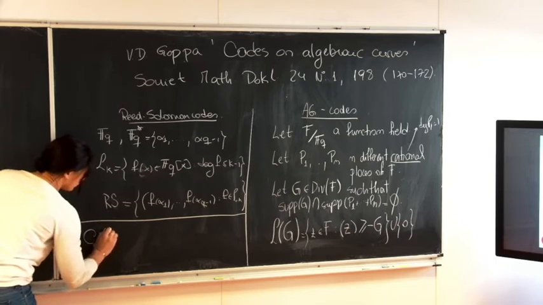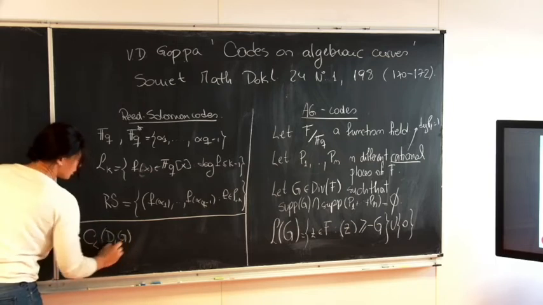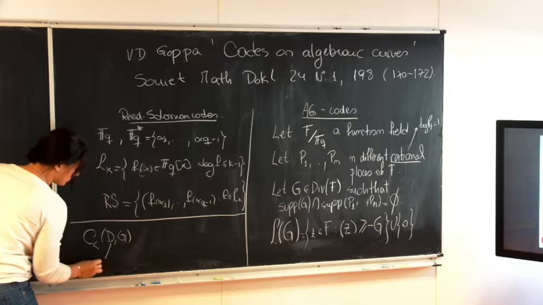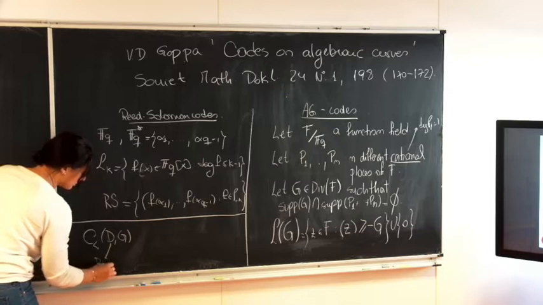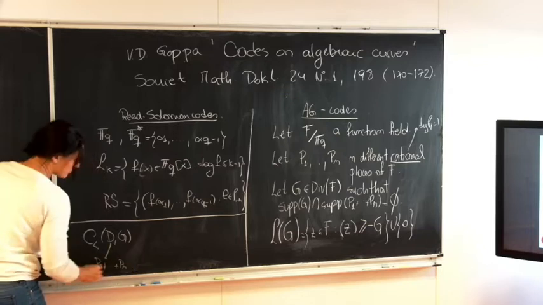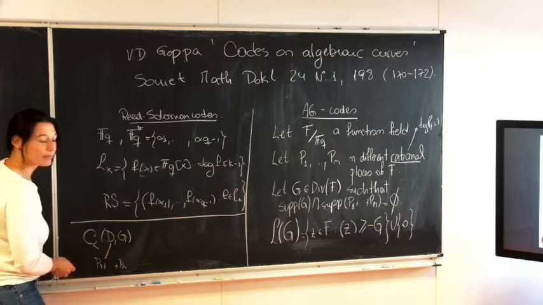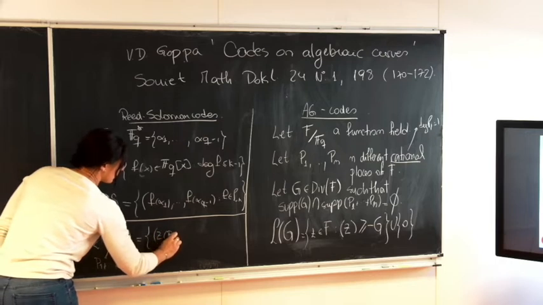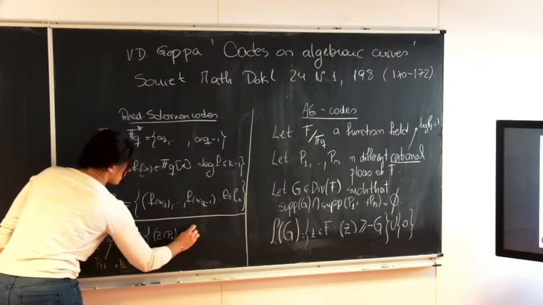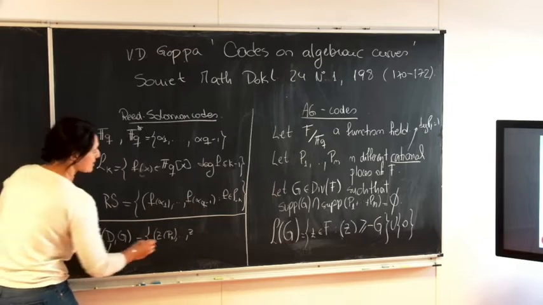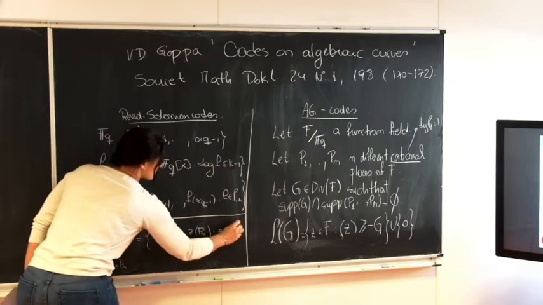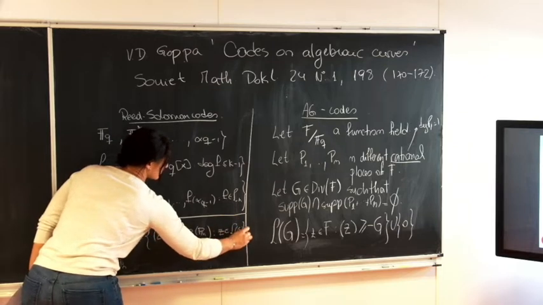C_L(D,G) — I put D, G to emphasize that D is the sum of the places, the evaluation set, and this is the other divisor — is the set of (z(P_1), ..., z(P_n)) such that z is in the Riemann-Roch space.